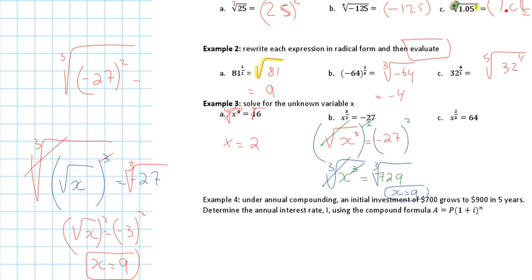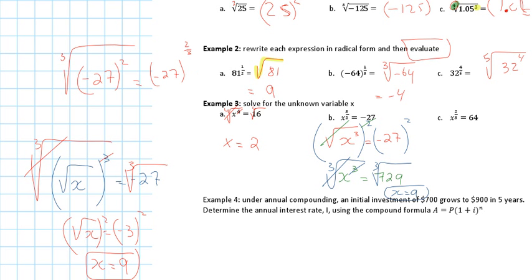How can I write this in rational exponent format? 27 to the power of 2 over 3, right? Now look back here. It's x to the power of 3 over 2. What I'm doing is to the power of 2 over 3. 3 over 2, 2 over 3.